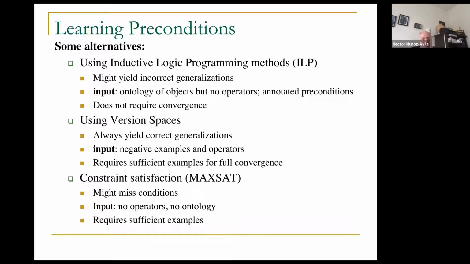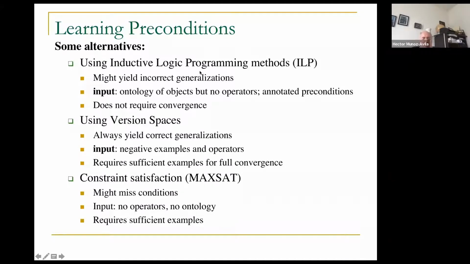Many of these systems that I know of actually learn both at the same time. So basically what I did is take the component of the preconditions separately for the purposes of this presentation, and the structure is presented later. But many of these systems will learn both of them. So there's a variety of methods that have been explored over the years. And here I'm showing only 3 of those. And again, there are many more methods.